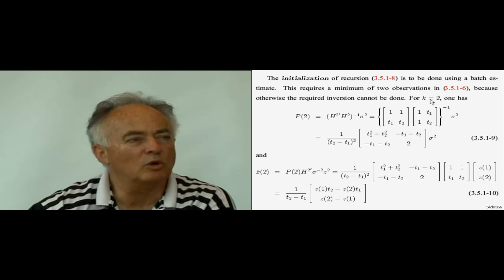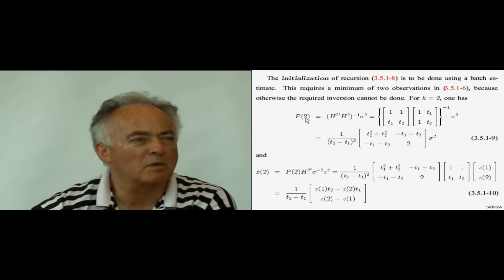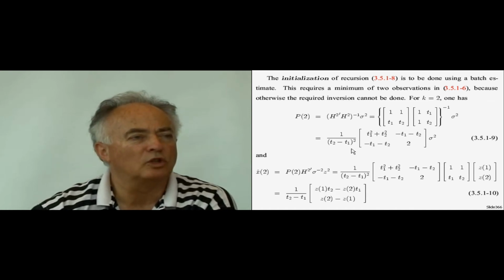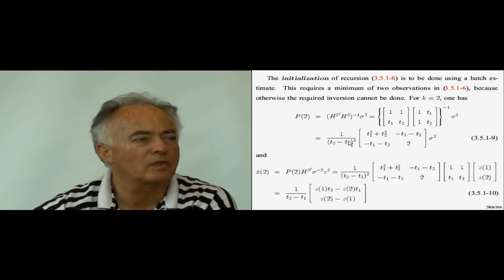So for k equal 2, we can write the batch solution, and we have first the covariance matrix of the estimate, that's estimation accuracy, for the two parameters based on two data points, two measurements.